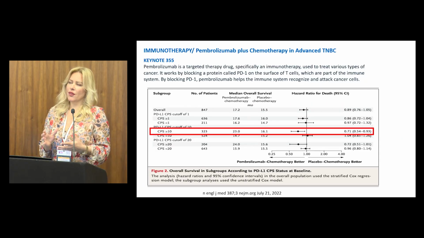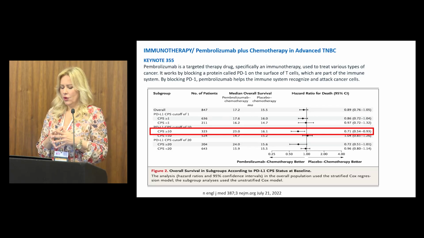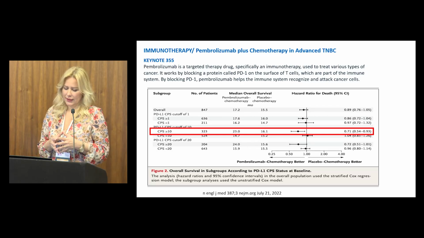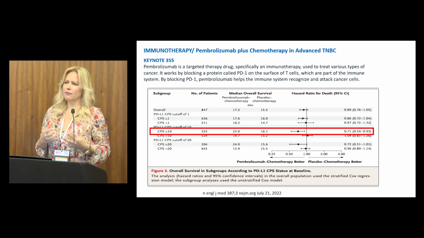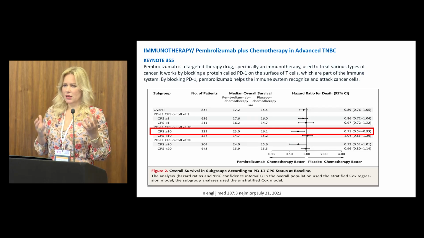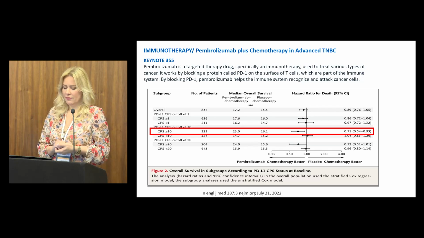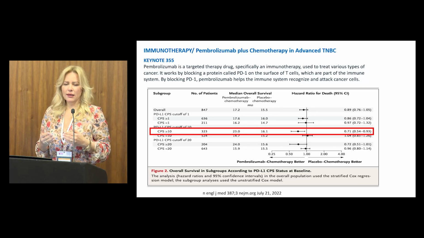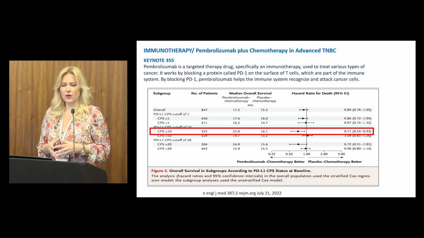So immunotherapy was definitely a big step forward, a targeted therapy that we didn't have before, used to treat various types of cancer, not just breast cancer, and it works by blocking a protein, a molecule on the surface of some immune cells, which are part of the immune system. So we have different ways. In England, there's access to atezolizumab and to pembrolizumab, the two immunotherapy drugs.